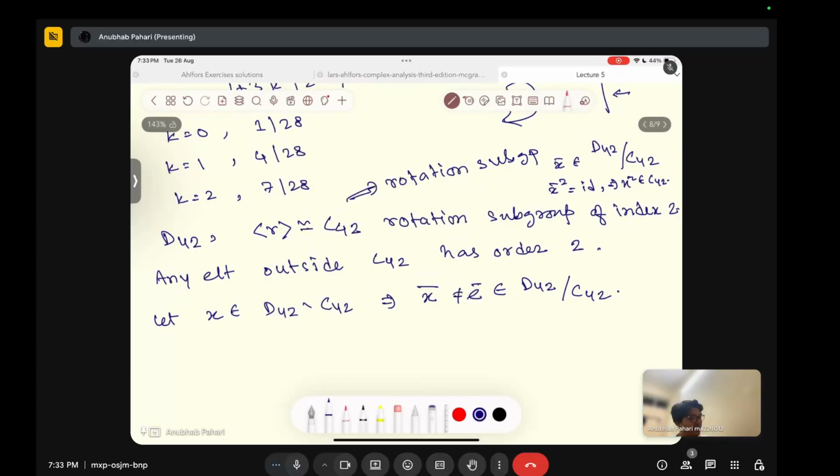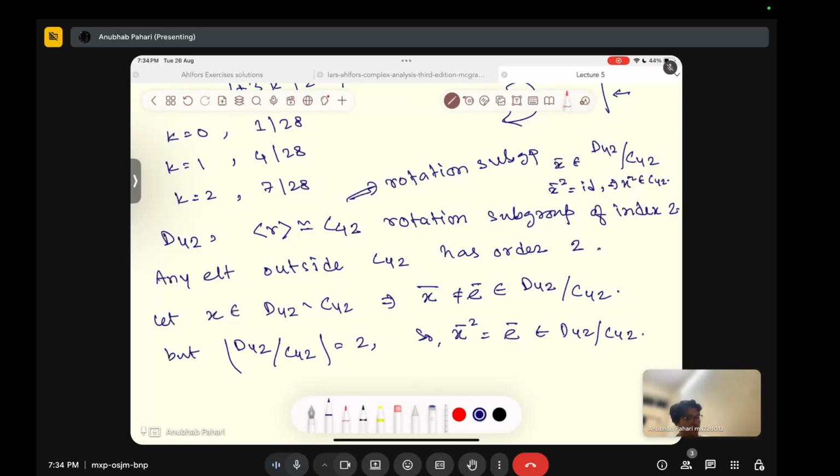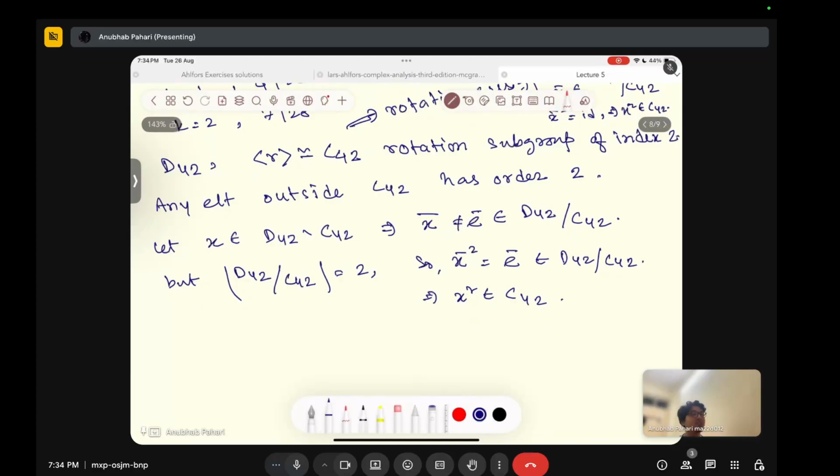But D42 by C42 has cardinality 2, so x bar squared equals E bar in D42 by C42. This implies that x squared belongs to C42. Is this clear now? Yes, sir.